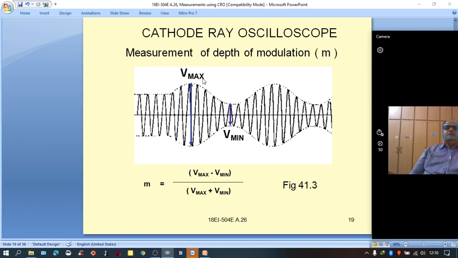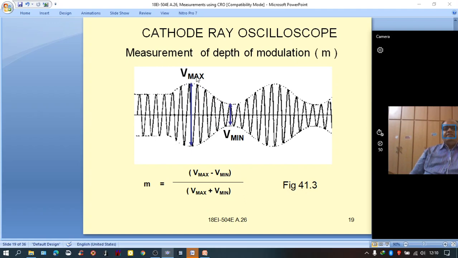Next, when a modulated signal is applied to any one of the channels of the CRO, we will get, this is an amplitude modulated wave shape. So for this amplitude modulated wave shape, we have to find the depth of modulation. Depth of modulation is given by the formula Vmax minus Vmin by Vmax plus Vmin.